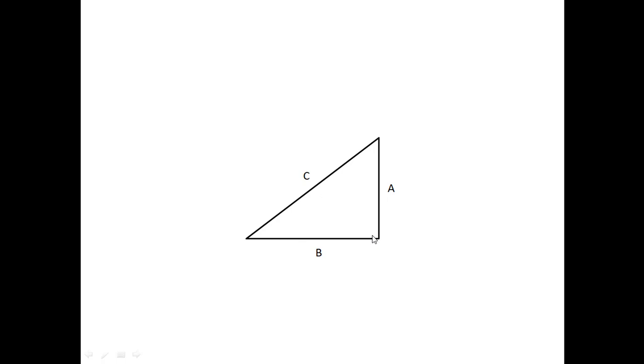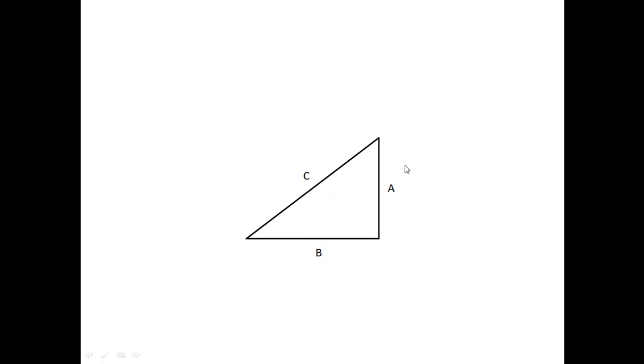Therefore we have a right angle, and therefore this triangle is a right triangle. The diagonal, the hypotenuse, is across from the right angle, and that is side C.